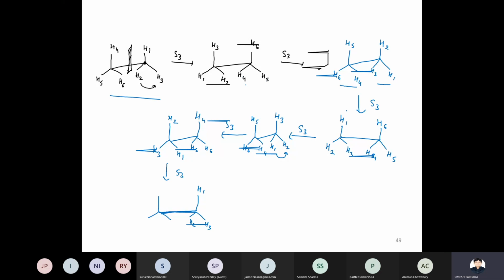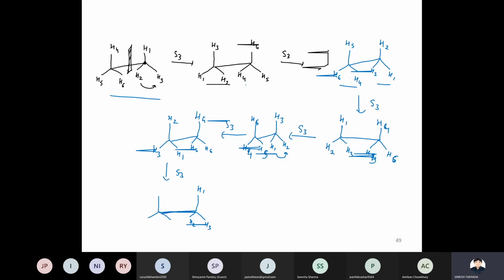Then again 4 is at the top of the plane. Here it is H4, sorry, and here it is H5 and 6. Again you can give rotation, then it is H6, H4 and H5.